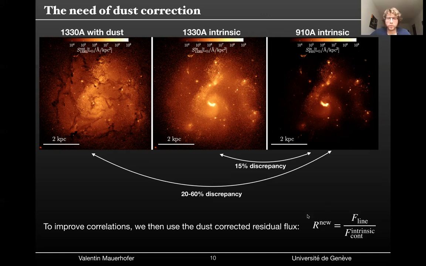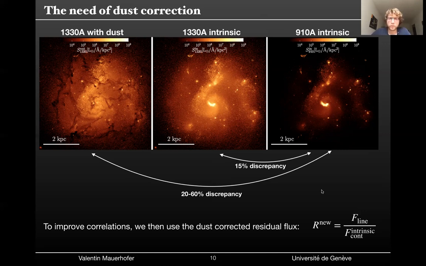So now we will use a new dust-corrected residual flux, which is this quantity. And thankfully, it is estimable in observations because the intrinsic continuum can be found by fitting the observed continuum to a stellar population, which can give the dust attenuation. And so this quantity we can find observationally.